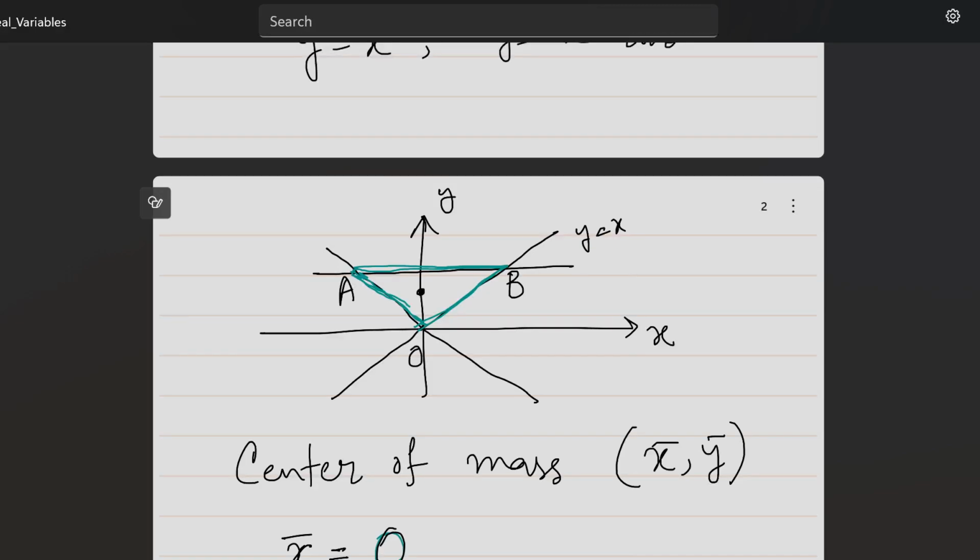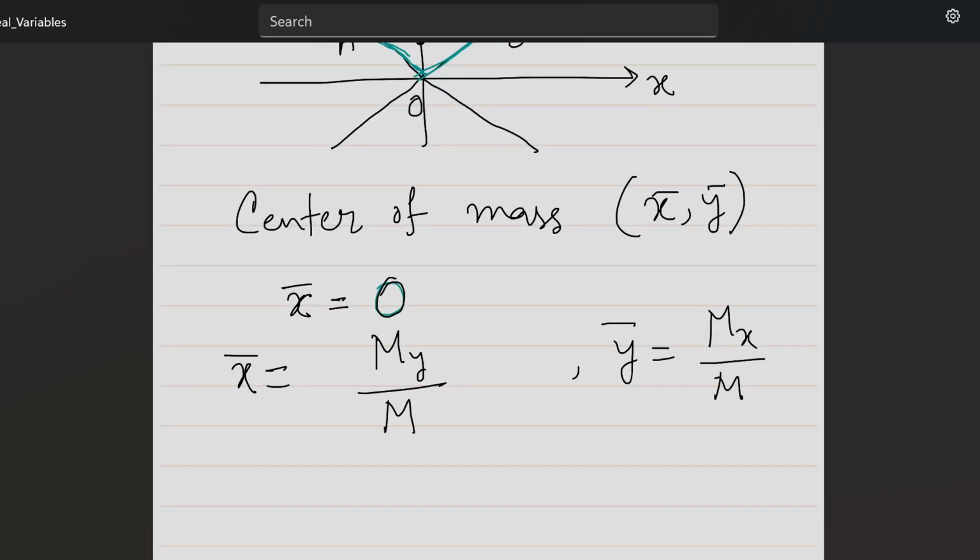But I will calculate because there is some formula for x bar, that is, as you said, x bar is My by M, and y bar is Mx by M. Just see that x bar is My and y bar is Mx. But what is My and M? This I will tell.